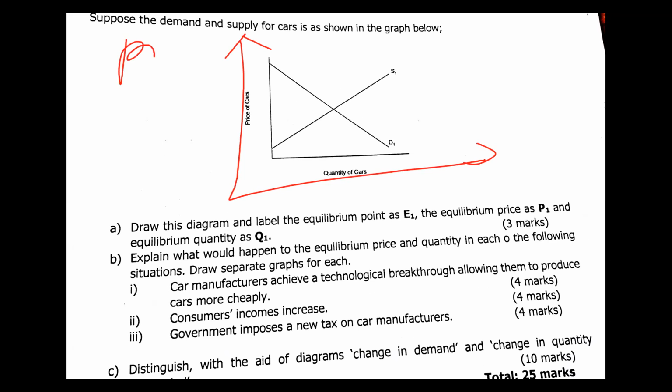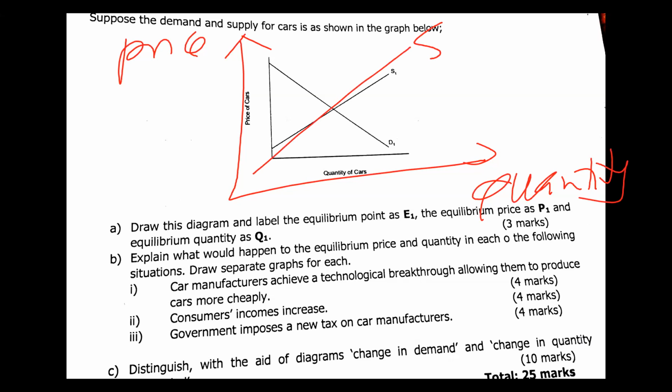It's the same thing. Price of cars and the quantity of cars. There is a supply 1 and the demand 1. Are you able to see? Which means this is the initial condition.